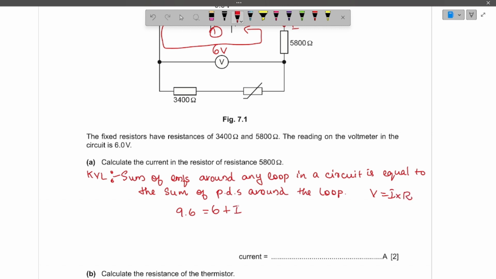So using this, I times 5800 would be 9.6 minus 6, which is equal to 3.6. So I is equal to 3.6 divided by 5800, which is equal to 6.2 times 10 to the power minus 4 amperes. So the current is 6.2 times 10 to the power minus 4.